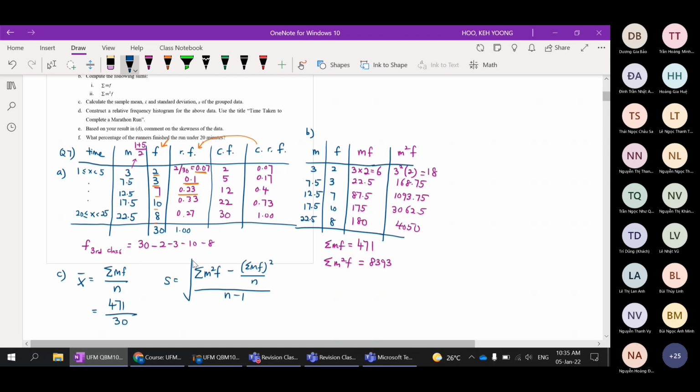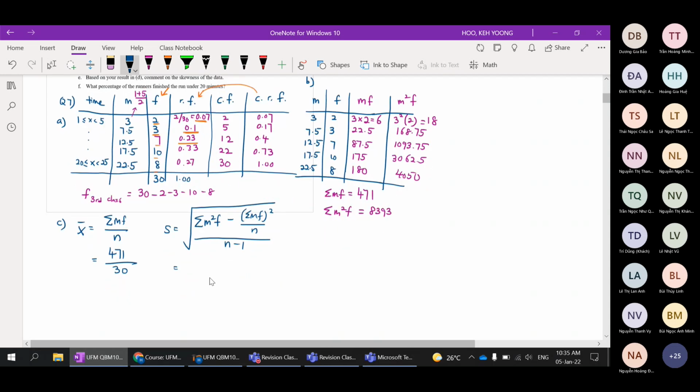And don't forget the square root. So M square F, you got 8393, minus 471 square divided by N, which is 30, minus 1.